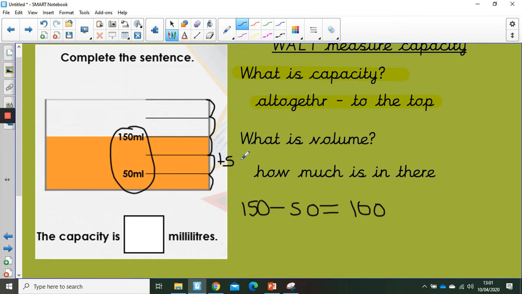It's going up by 50 each time. 50 add 50 is 100, 150 add 50 is 200. So when we get to the very top, we add another 50, and we've got 250. And remember our measure, in this case, is millilitres, 250 millilitres.